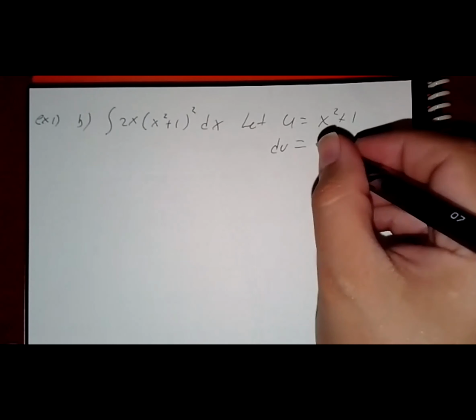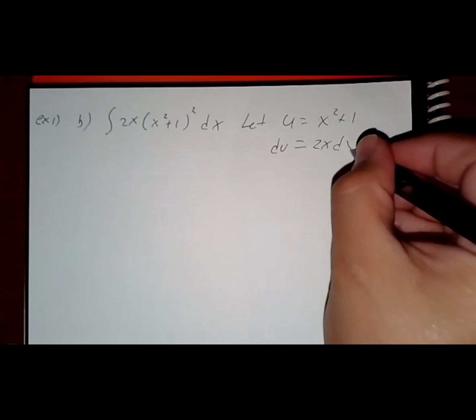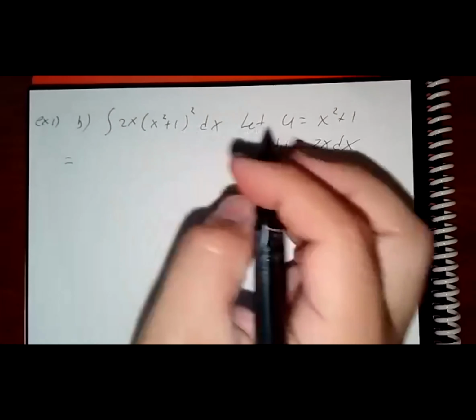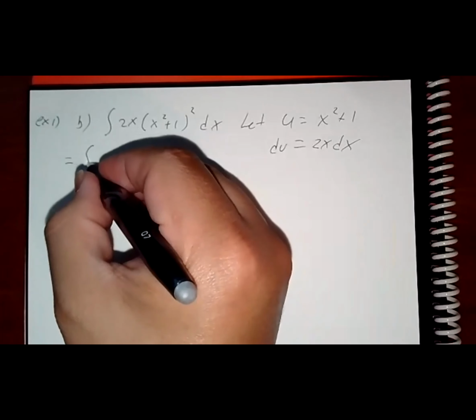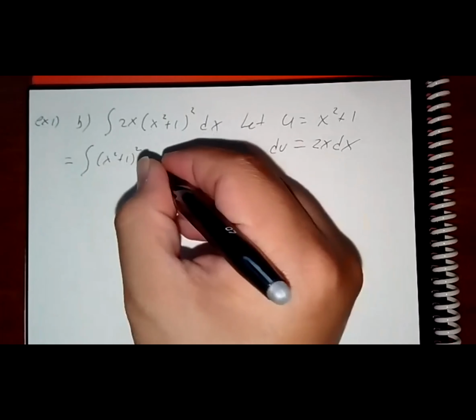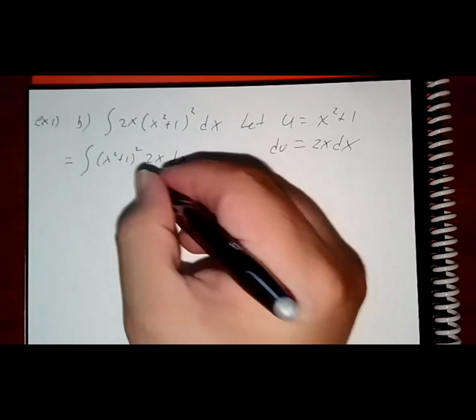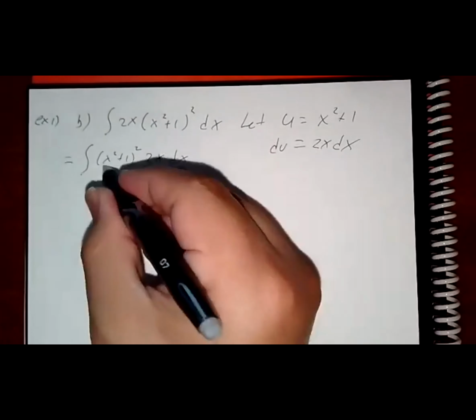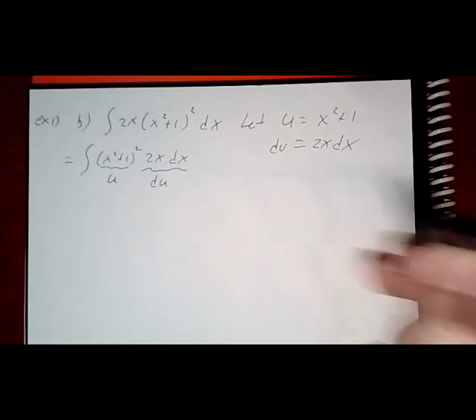Two x. 2x dx. There it is. Do we have a 2x dx in the problem? Here's the front one. Yes. Yeah, let's rewrite it, right? Just so it's obvious to everybody. 2x dx is right there. So this will be replaced by du. This will be replaced by u.